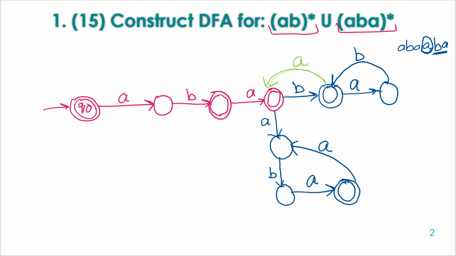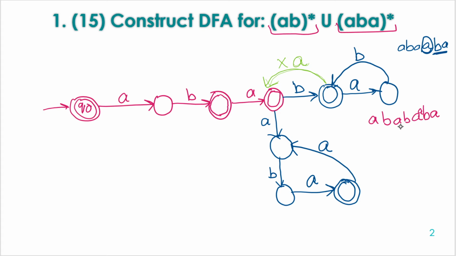Because we cannot have such a transition, because then we will be mixing these two paths, as the symbols are in ORing, meaning either this or this. Up to this point we have the common path. If we move back to the common path, then the patterns can be mixed: after this AB, if we move back to the common path on the next A, then we can receive BA after that, or ABA after that.